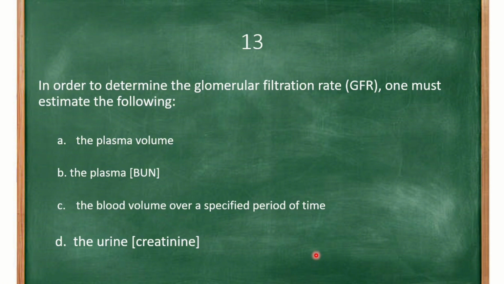In order to determine the glomerular filtration rate, one must estimate the following: the plasma volume, the plasma BUN concentration, the plasma volume over a specific period of time, then the urine concentration.